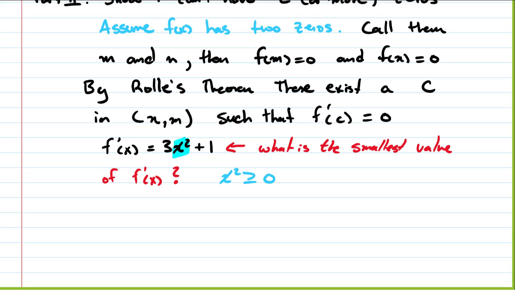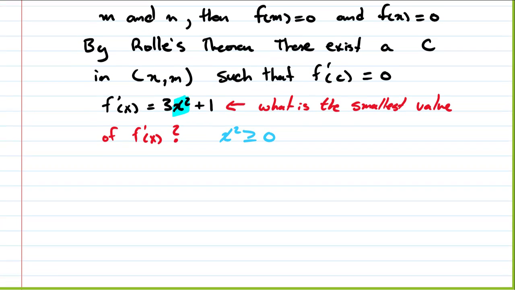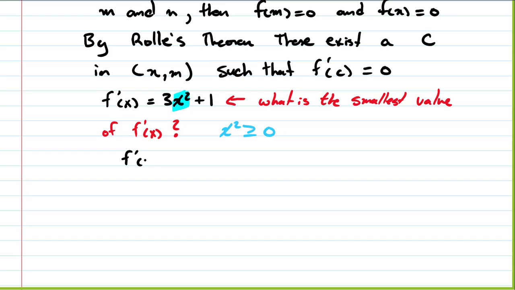So then the smallest f prime can ever be, so then f prime of x would always have to be greater than or equal to 3 times 0 plus 1, which is equal to 1. Well, f prime of x is always greater than or equal to 1.